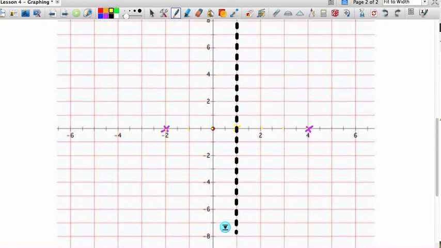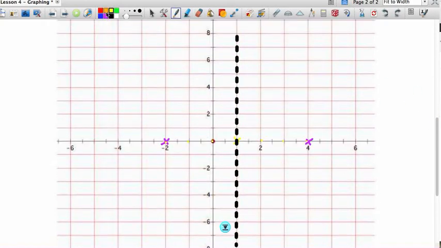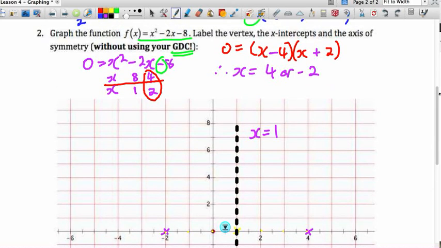For the graph, we know that that axis of symmetry is occurring at x equals 1, as you can see from the graph. We've got 2 other points, and the last thing that we need to do is to substitute that into the equation in order to find the corresponding y value for our vertex.